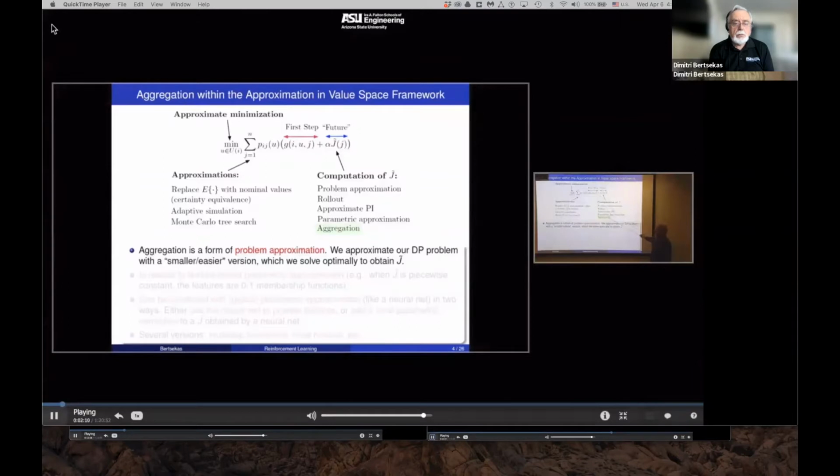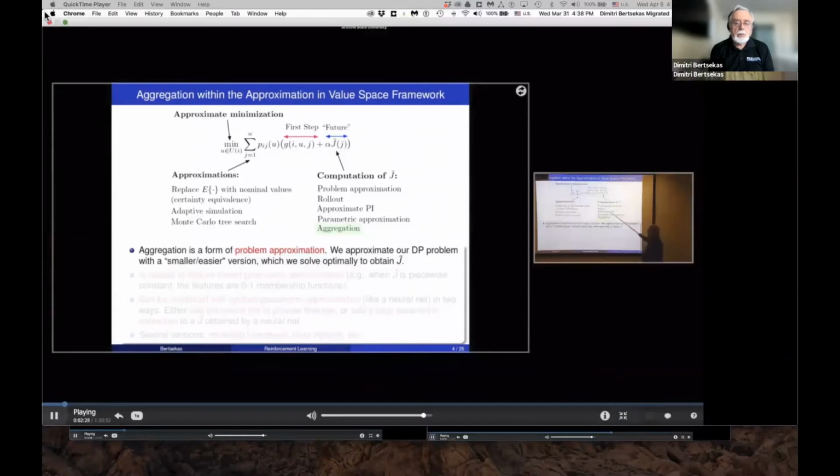And now we're going to talk about aggregation. There are also the other approximations, but we're going to focus on this. How do we approximate using the aggregation method? So now aggregation is actually a form of problem approximation. It qualifies as a special case of this, if you will.